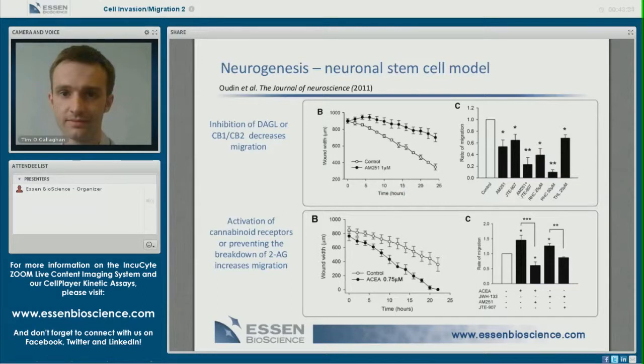The team also probed activation of the cannabinoid receptors, and showed that activation of cannabinoid receptor 1 using a cannabinoid receptor 1 agonist increased the rate of migration compared to control. This increase in migration could be attenuated by the application of the cannabinoid receptor 1 antagonist, and these effects are reproduced using cannabinoid receptor 2 agonist and antagonist pairs.